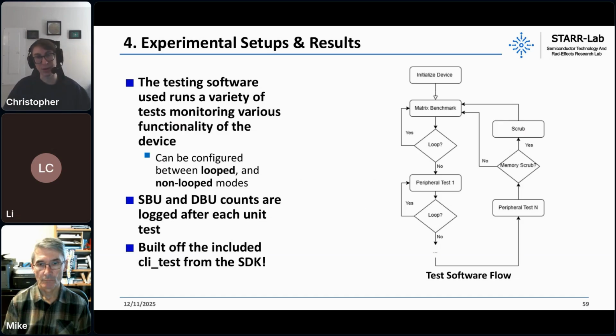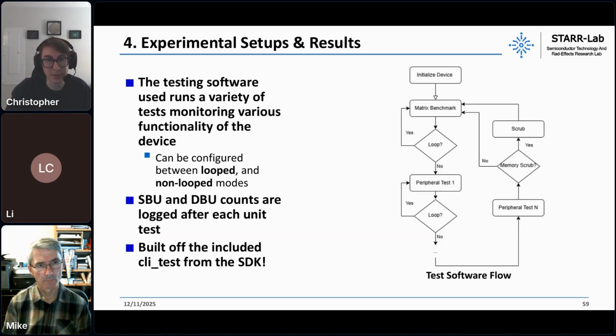Also, the software that we ran on it during the beamline testing is maybe a little bit more unique. I think it's very common, when testing any kind of microcontroller or microprocessor design in a radiation beamline, to take a quite intensive ALU task like a matrix benchmark, or do an encryption test. We do the same thing, but people usually just run this over and over again during the whole test.